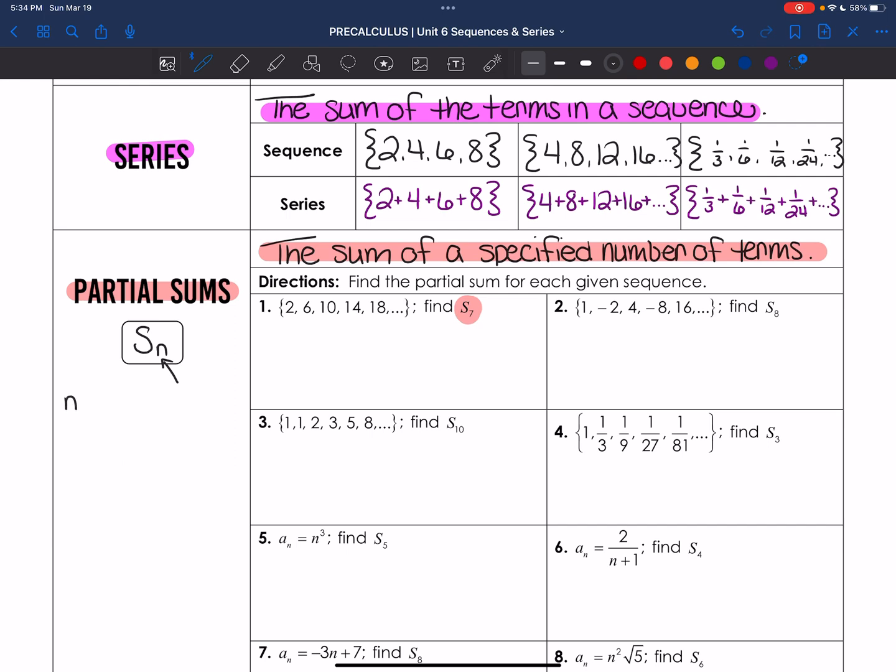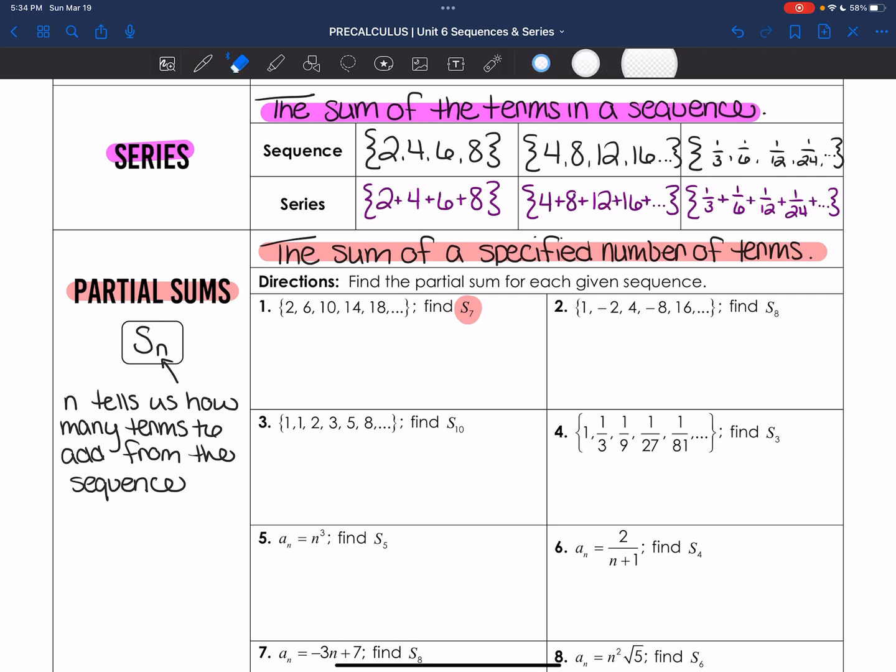The n tells us how many terms to add from the sequence. So that is a really big and important thing that we are going to want to be aware of.